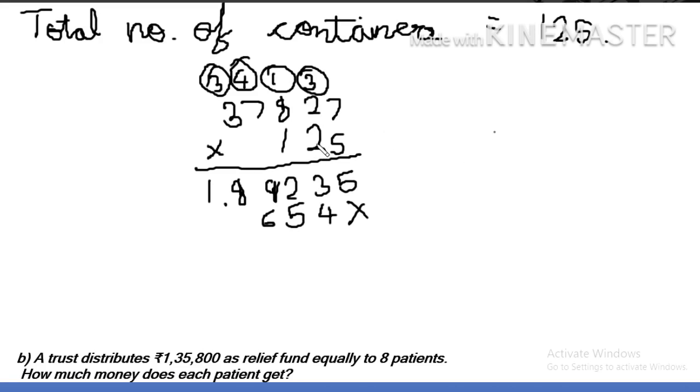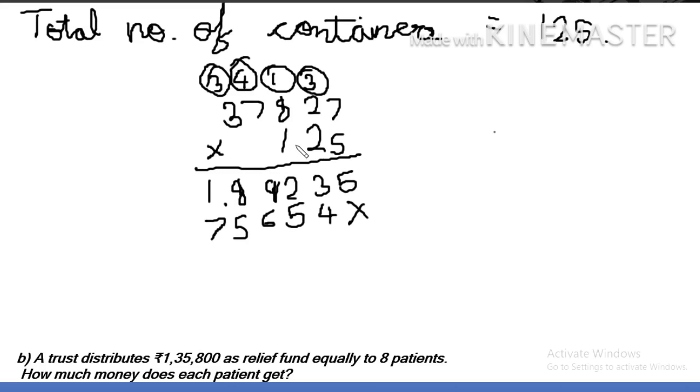Then 2 sevens are 14 plus 1, 15. 1 carry over. Then 2 threes are 6 plus 1, 7.